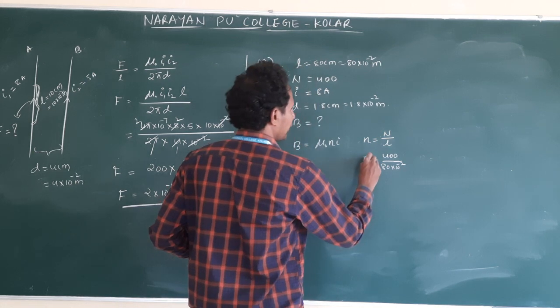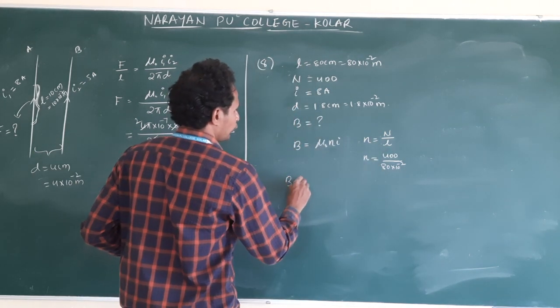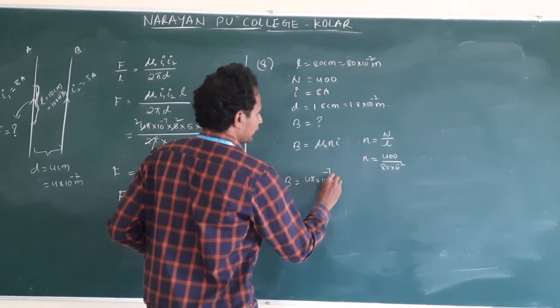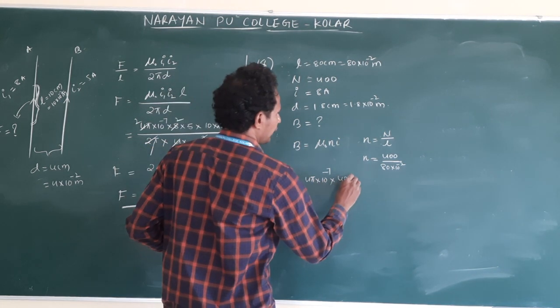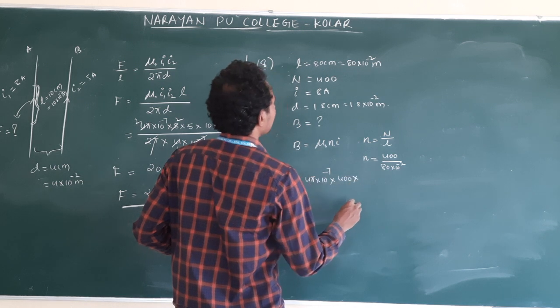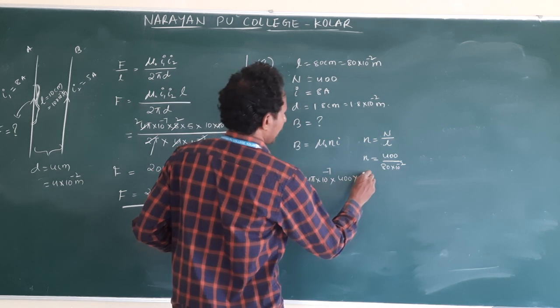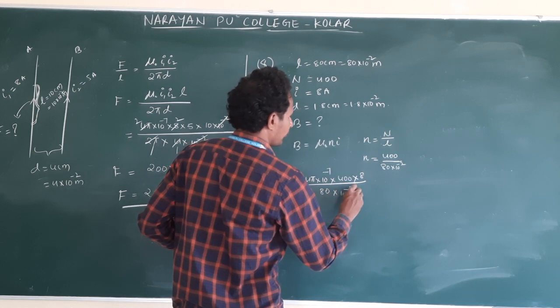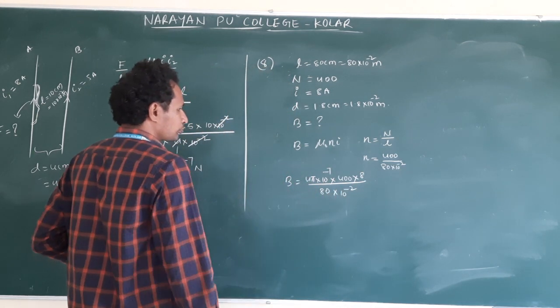Clear? This is n. Now B is equal to 4 pi into 10 power minus 7 into 400 into current 8 ampere by 80 into 10 power minus 2.